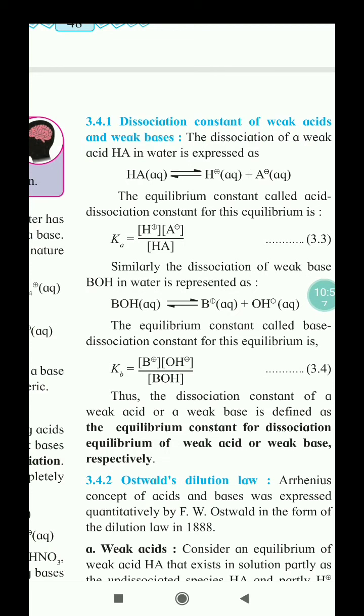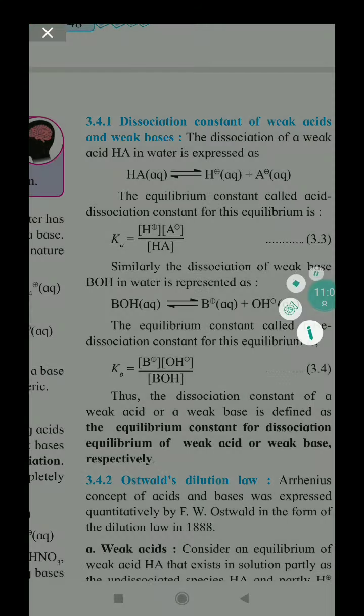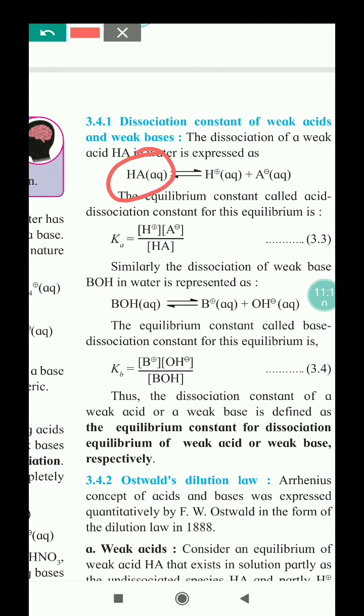Dissociation constant of weak acids and weak bases. Now, the dissociation constant of a weak acid. The acid is represented by HA. HA dissociates to form H positive and A negative. Students, as it is weak, it is represented by a double-headed arrow.